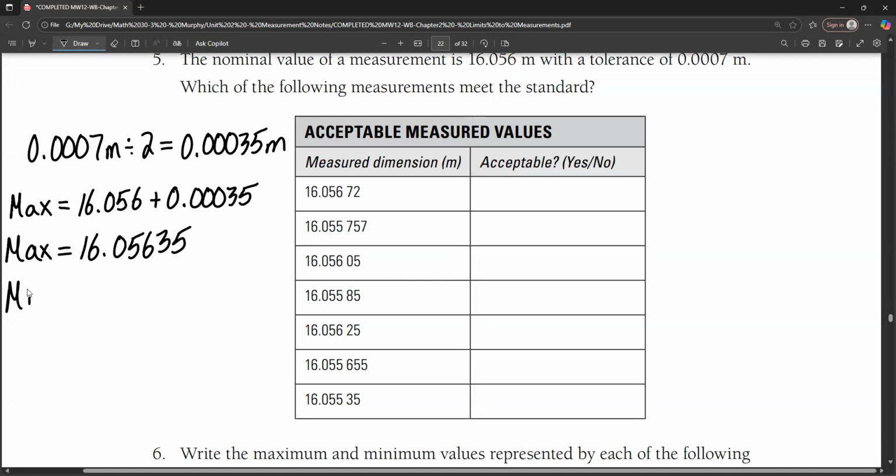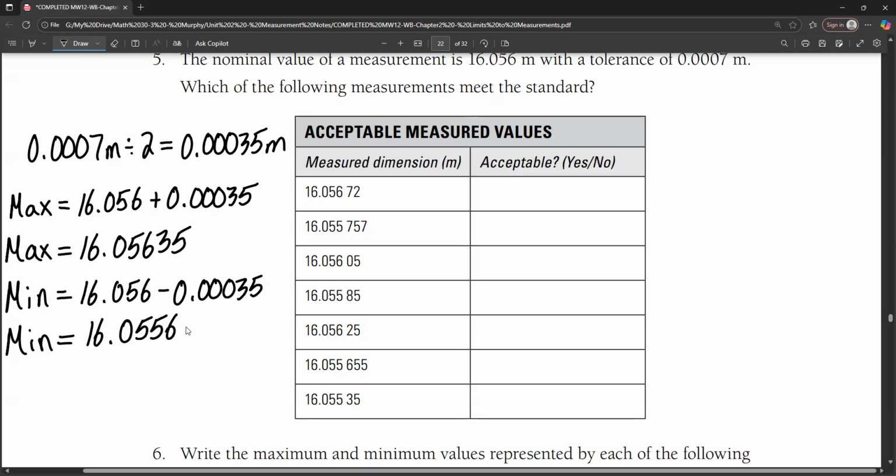And our minimum, we do the opposite. We're going to subtract it. And we end up with 16.05565. So that's our high and our low.